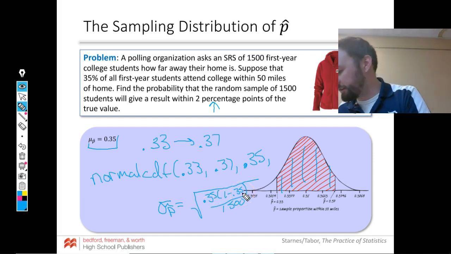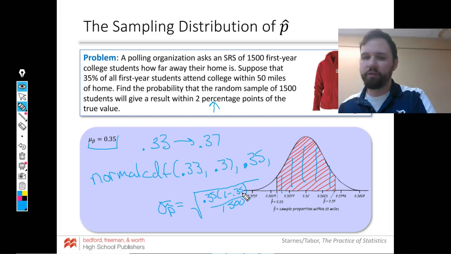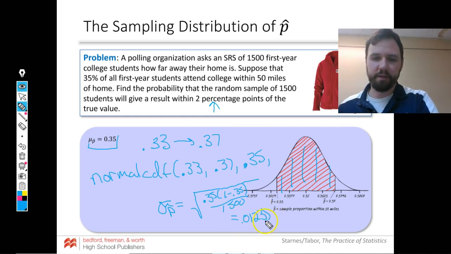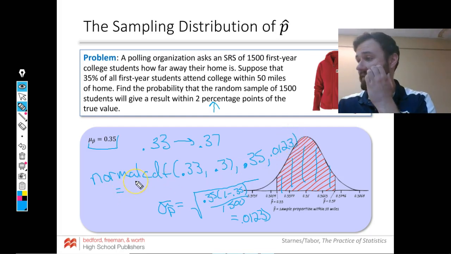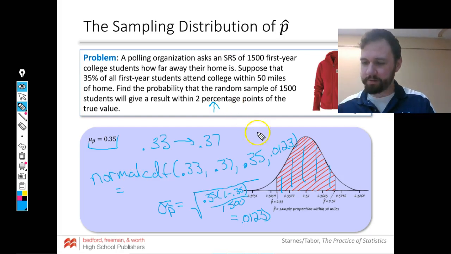When I calculate that out, I got 0.0123. And when I plug this into my calculator, I get, drum roll, 0.8969.